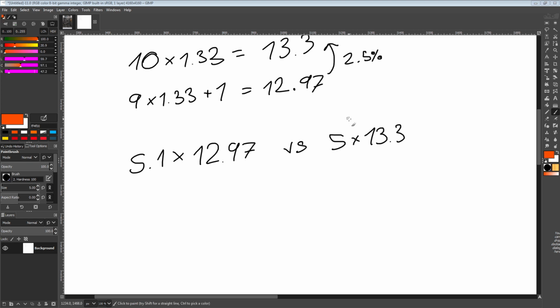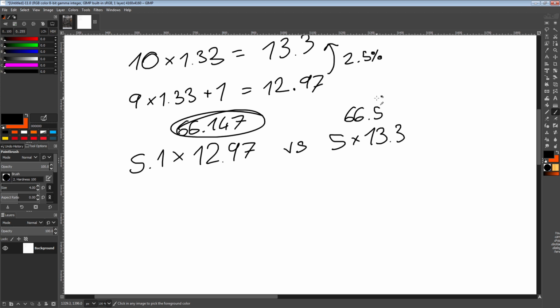So this right here is 66.5, whereas the other one is 5.1 times 12.97, which is 66.147. So the multi-threaded performance gap between these two is very, very small.